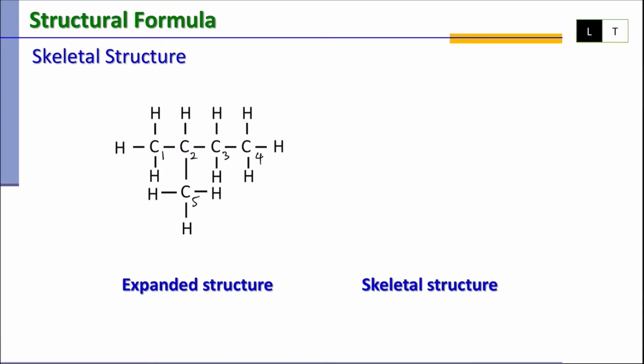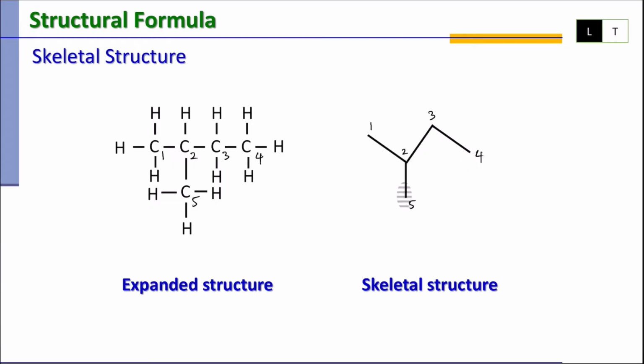To draw the carbon atoms, I'm going to start with the first point here, second, third and fourth, and this will be the fifth carbon. So each intersection yang awak nampak indicate sebagai carbon atom. So ini cara kita draw the skeletal structure. Dia nampak baris je.